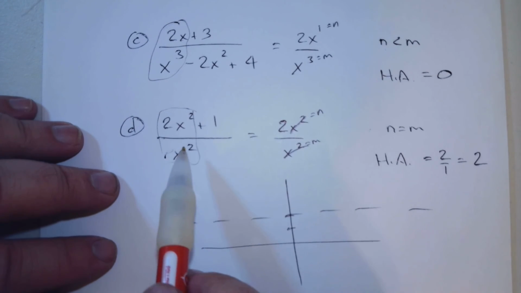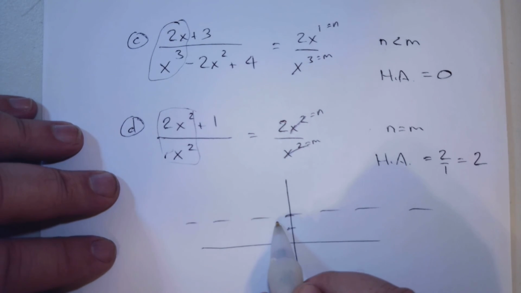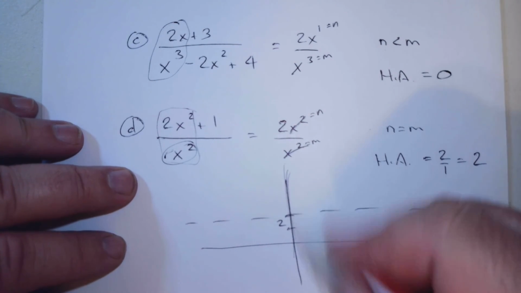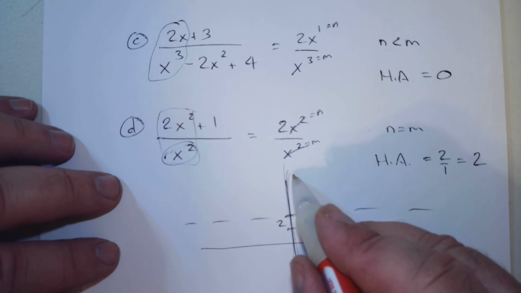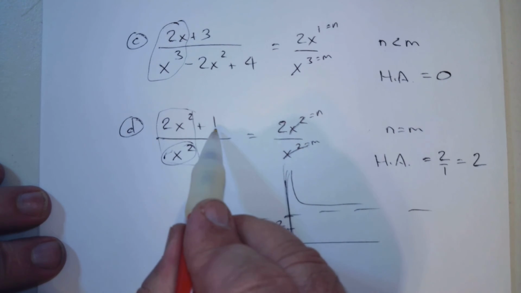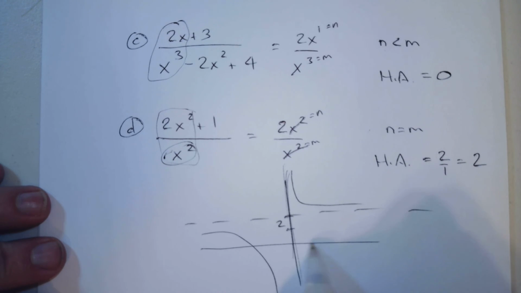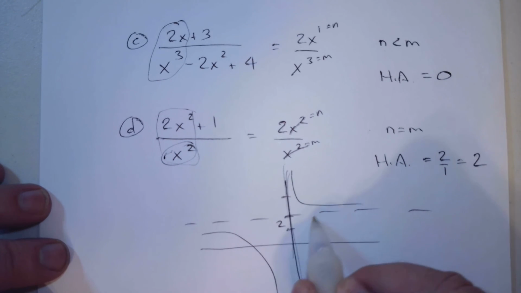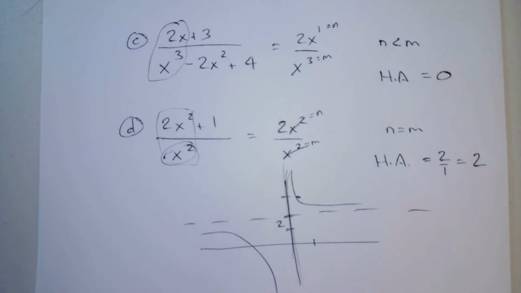So with this one, you know the horizontal asymptote is 2. The vertical asymptote is 0. So the graph looks like this. What we would do is plug in some points. When x is 1, 2 plus 1 is 3 over 1. So when x is 1, y is 3.